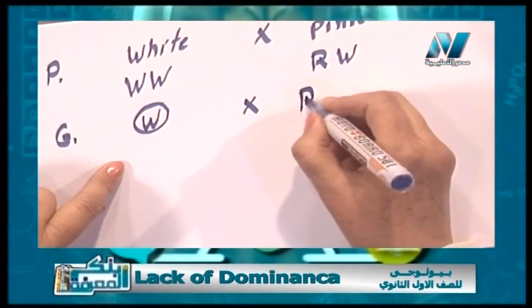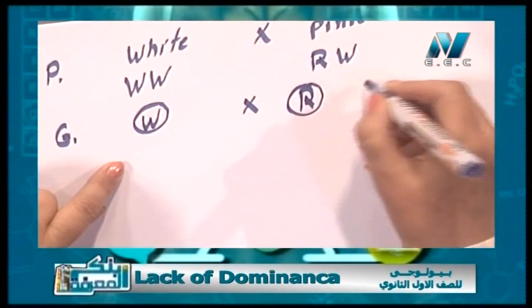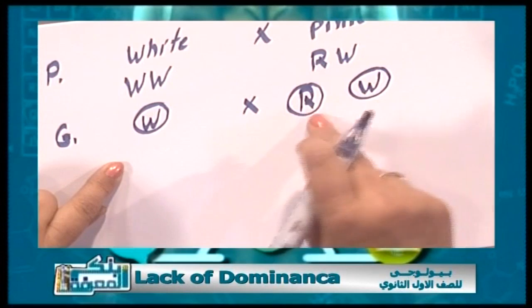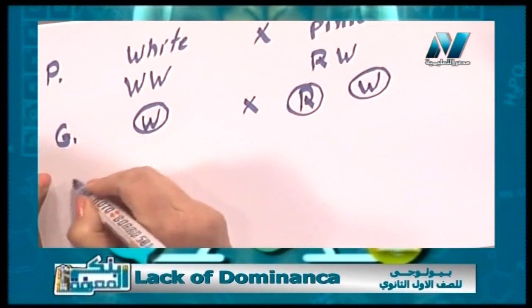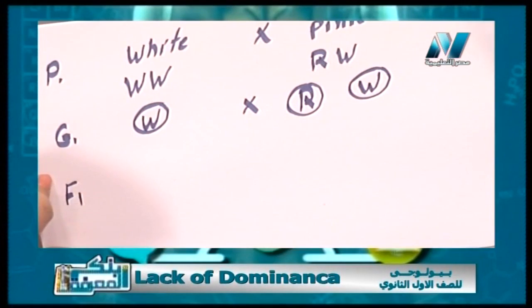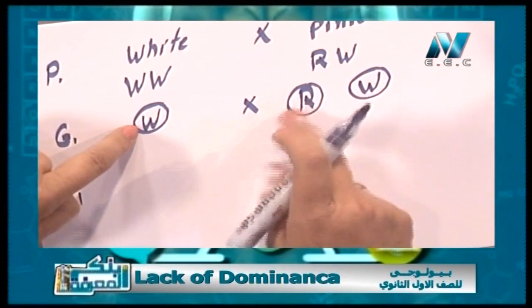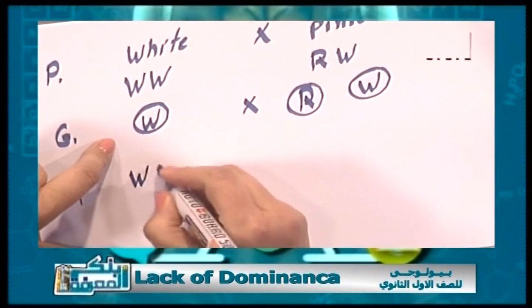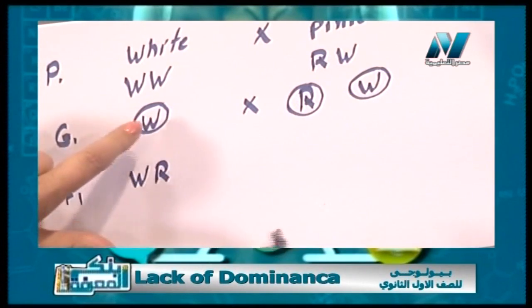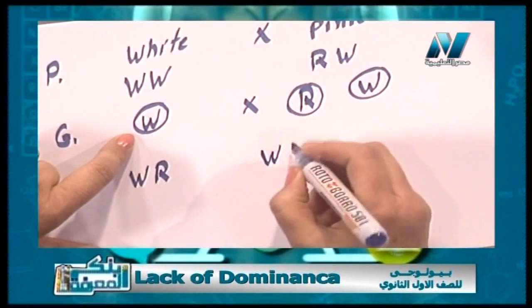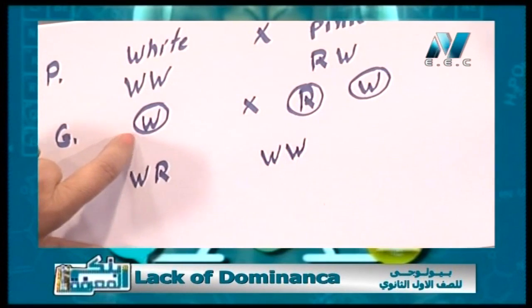Yes, a gamete with R and another gamete with W. So we have 2 types of gametes here. What about the first generation? Okay, so we cross this gamete with this one, W, R, and this gamete with this one. We follow the law of, yes, probability.